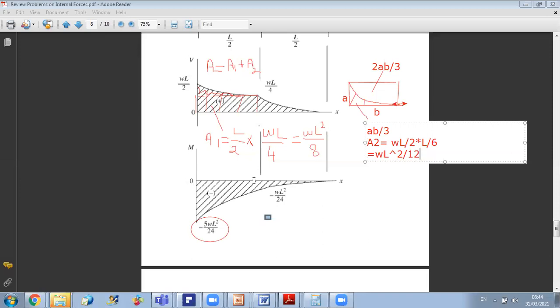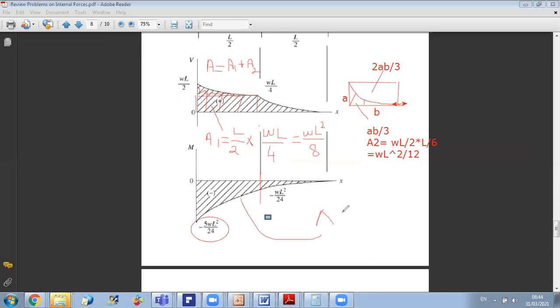So delta M between these 2 points here. So in this part, okay, you can say that delta M is equal to omega L square over 8 plus omega L square over 12.